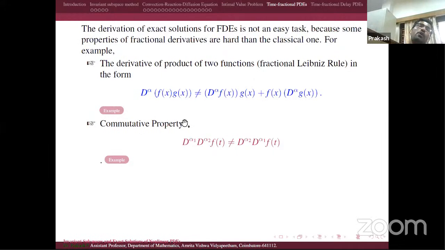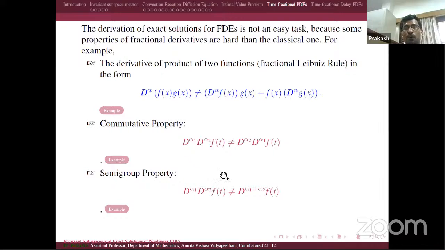Similarly, the commutative property is not valid. This property is true if alpha 1 equals alpha 2, or both alpha 1 and alpha 2 are integers, or either alpha 1 or alpha 2 is an integer. Similarly, the semigroup property is also not true in general.